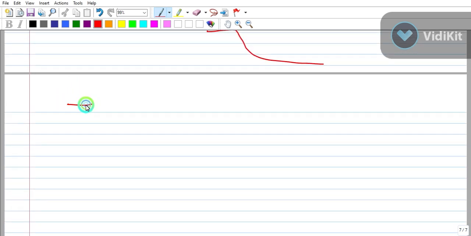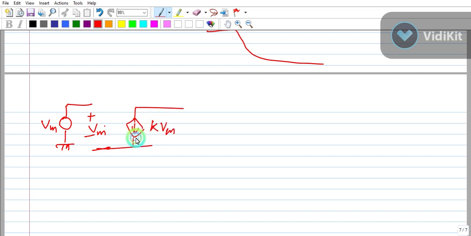For making this, there is some V in, plus minus V in, and here is a KV in, which is a voltage controlled current source, and here I am giving RL.